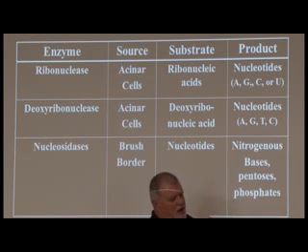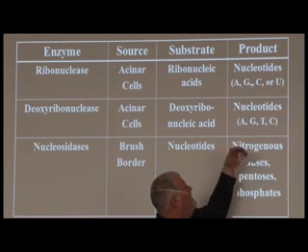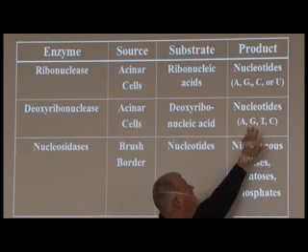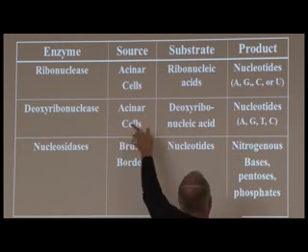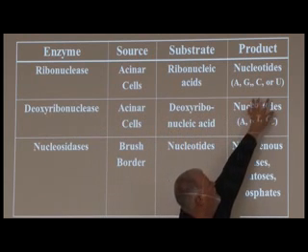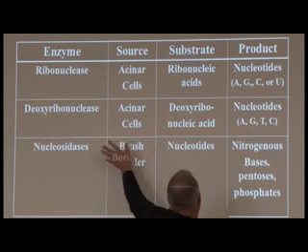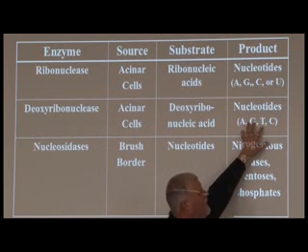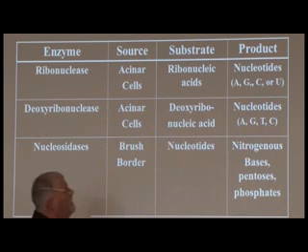So we would get those common from both. The difference between DNA and RNA in terms of nucleotides is that within RNA we would have uracil, and within DNA we would have thymine. Those are the differences in the two.